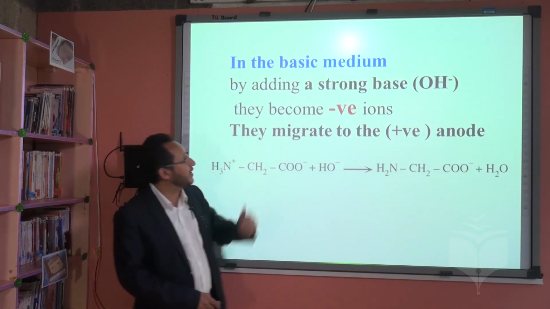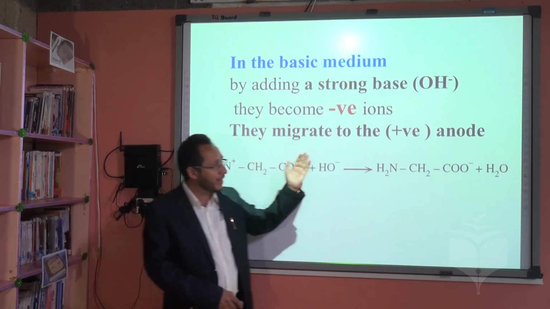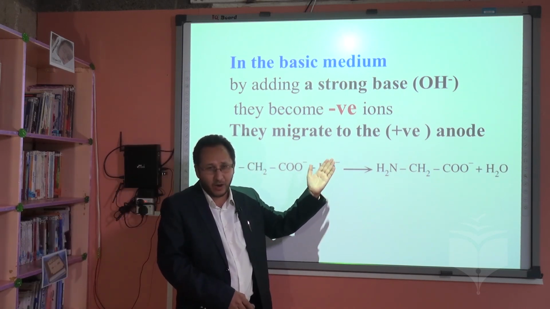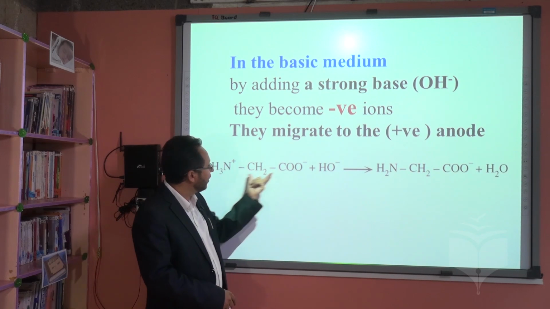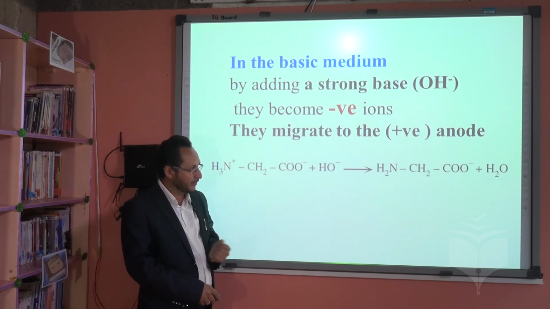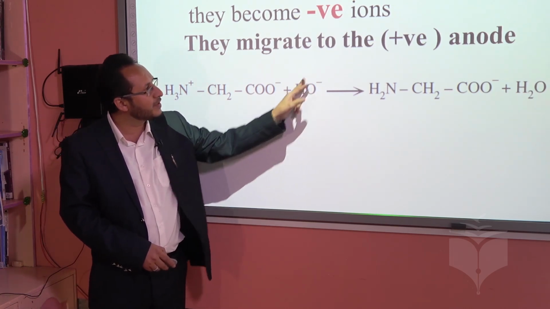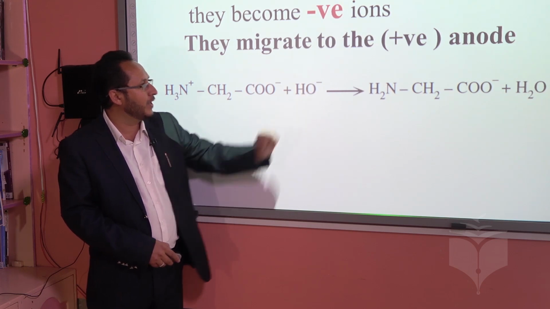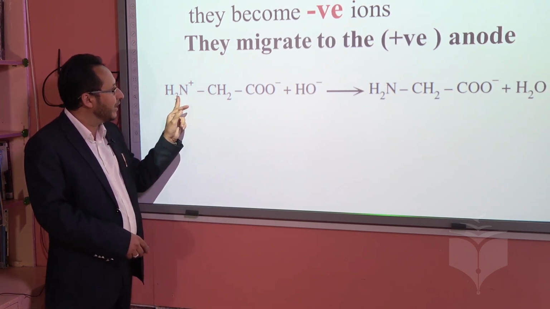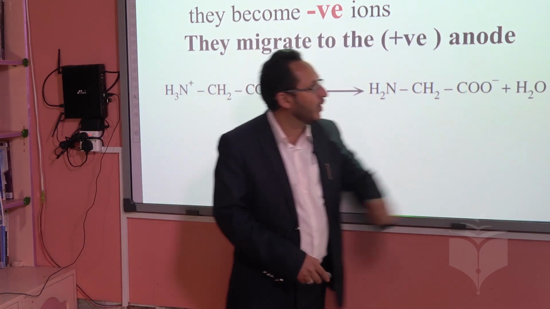And also in the basic medium. In the basic medium, by adding a strong base such as OH or NaOH, look, this is in the neutral solution: it has positive and negative. But if you add OH, a strong base, this OH takes H from NH3 and is removed as H2O.